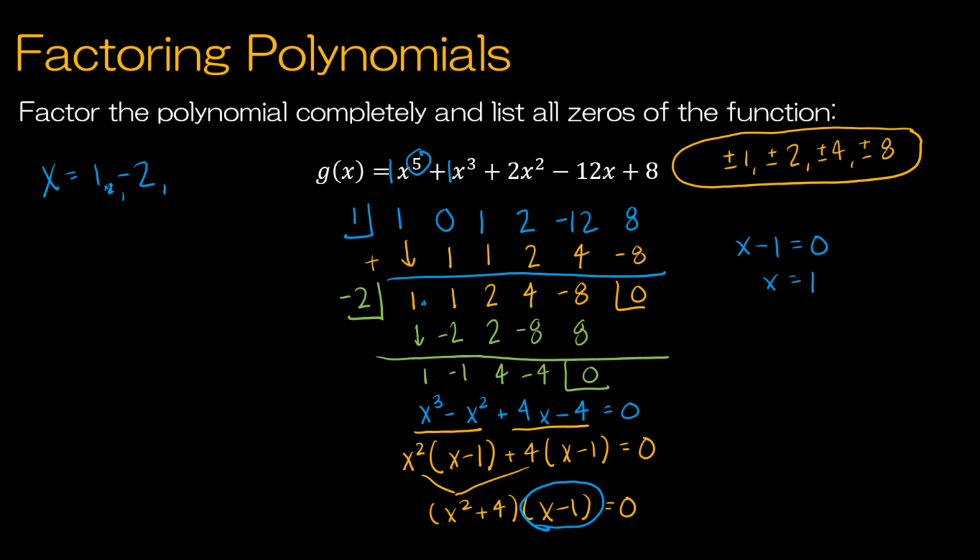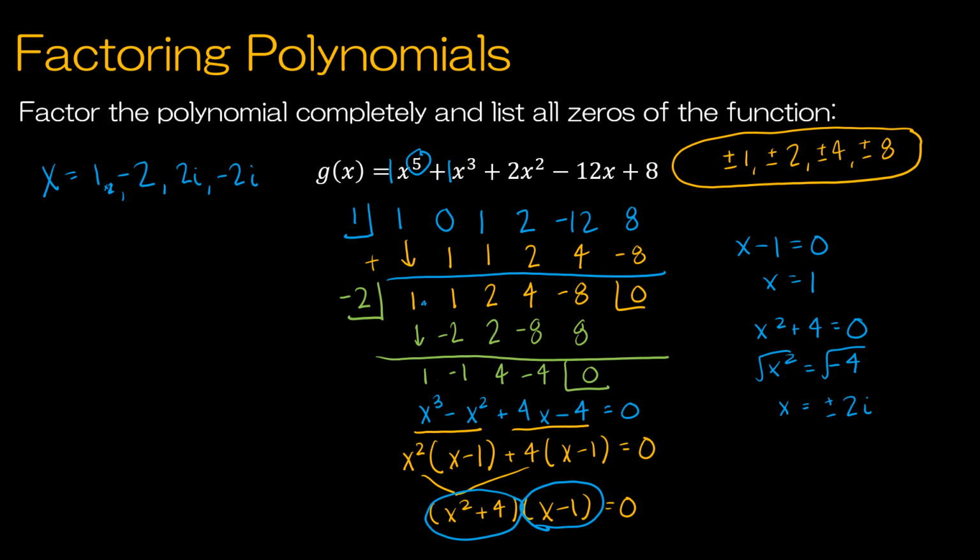Multiplicity just means it occurs more than once. And then if I have x squared plus 4 is equal to 0, then I get x squared is equal to negative 4. And that means x is equal to the square root of negative 4, which is plus or minus 2i. So then I have 2i and negative 2i.